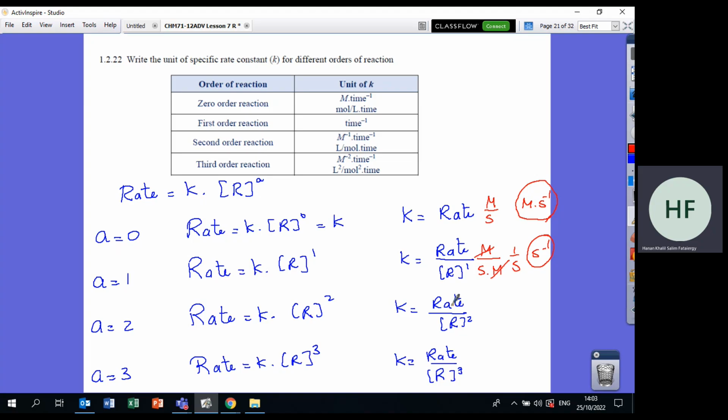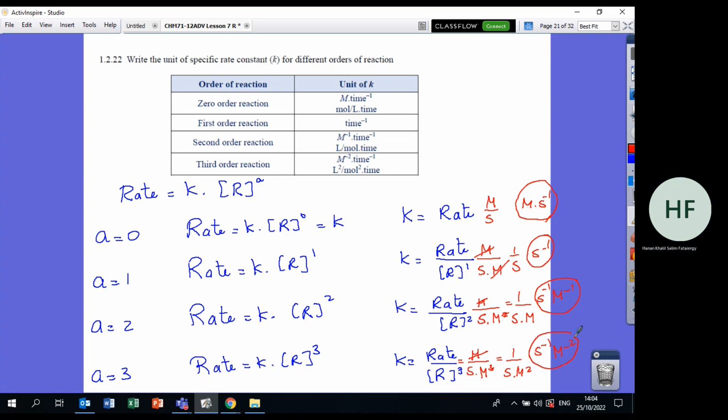Now in the second order, rate is M over s, concentration squared is molarity squared. 1 M with 1 M will be cancelled, so I will have 1 over sM. I bring them up, it will be s minus 1, M minus 1. And here, same, rate is M over s, concentration cubed is molarity cubed, one of these will be cancelled, so we will have 1 over sM square, s minus 1, M minus 2.